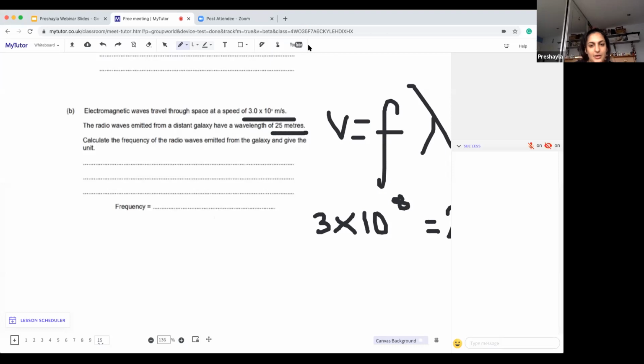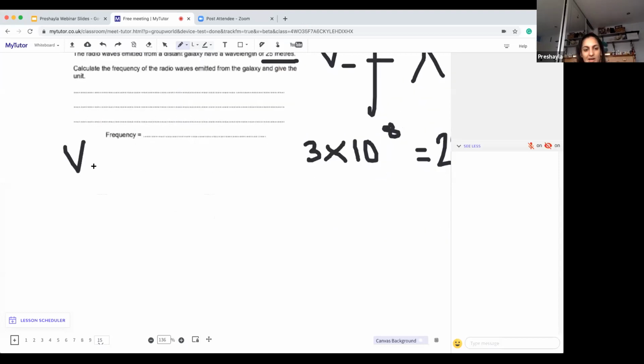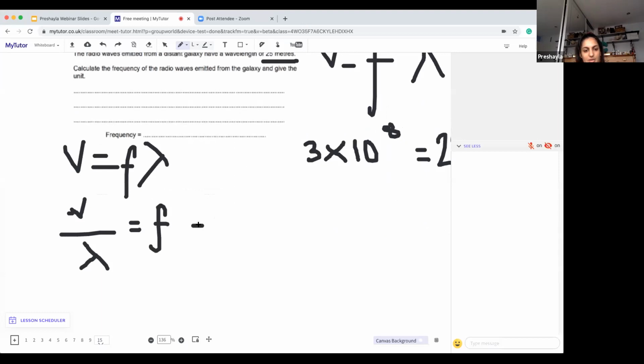What is the frequency? Okay, so if we want to find the frequency, then we need to rearrange our equation. Currently we have V equals F lambda. We're going to divide both sides by wavelength so that we get frequency on its own. Now we can fill in the numbers. Frequency equals wave speed divided by wavelength. Wave speed is 3 times 10 to the 8, and wavelength is 25.